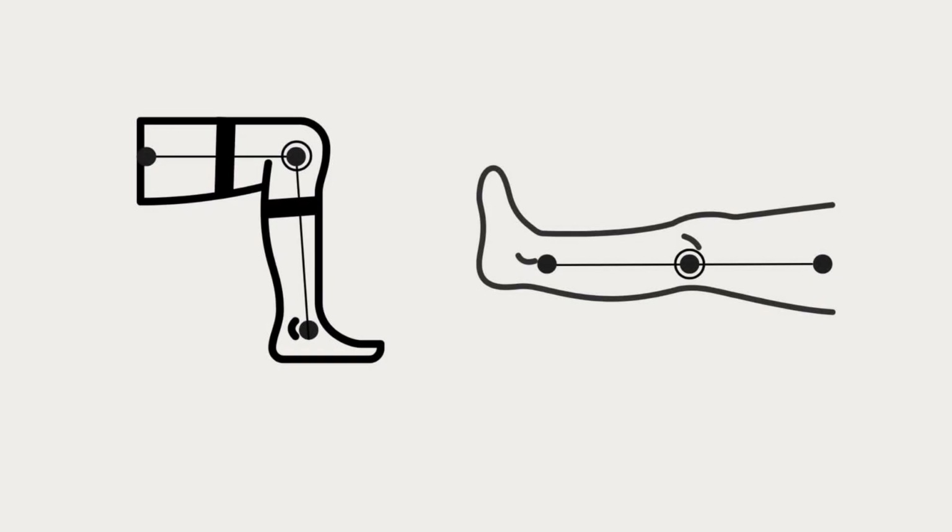This is an example for you to check the position of the knee joint axis. If you want to check, you can palpate the mark of the knee joint axis. So you can flex and extend the leg of the patient.